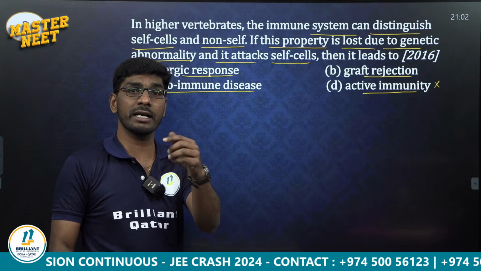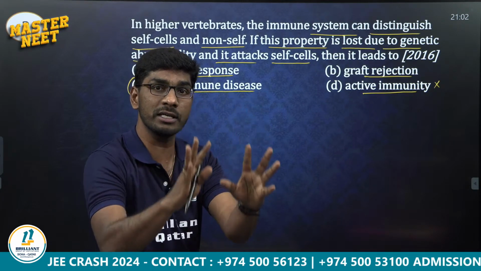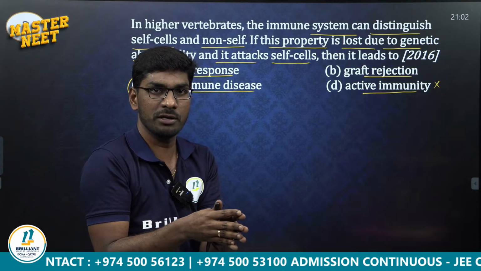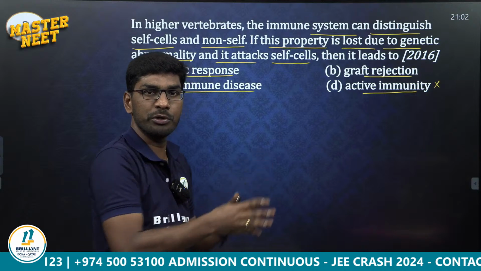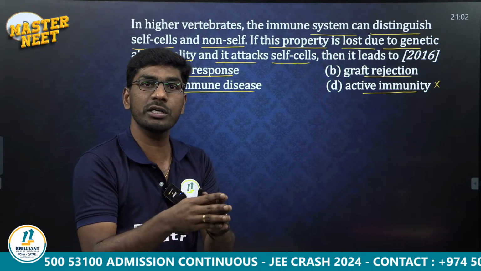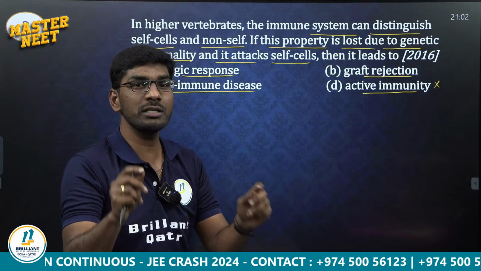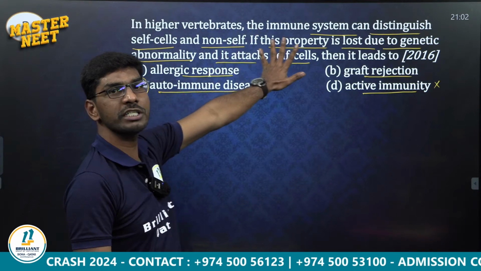If you read the NCERT examples, there are some genetic reasons and some other reasons that cause this type of disease. Vitiligo is also one example of autoimmune diseases. Rheumatoid arthritis is also one type of what? Tell me, autoimmune disorder.